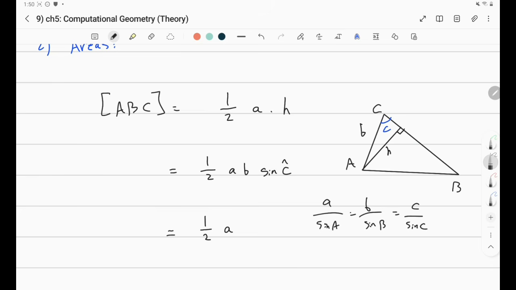So you might say that I can just get rid of b by replacing b with a sine B over sine A. So it's going to be half a square sine B sine C over sine A. Okay, so that's also one way. If you just know all the angles maybe, and you just know one side, you can find the area using that.